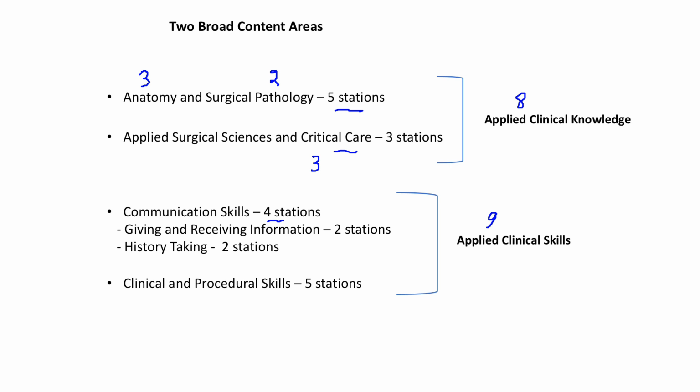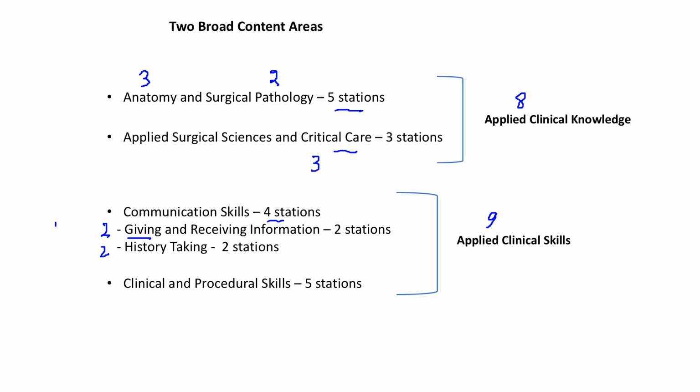And 2 stations are information giving or receiving stations, but usually information giving. In one station you give information to a patient or his relative, and in the second station you discuss a case with your consultant or another senior colleague.